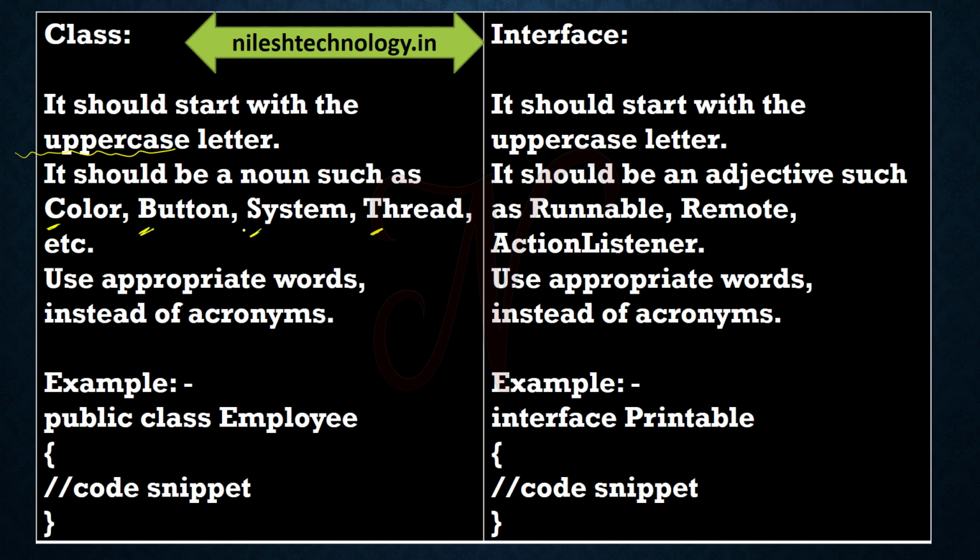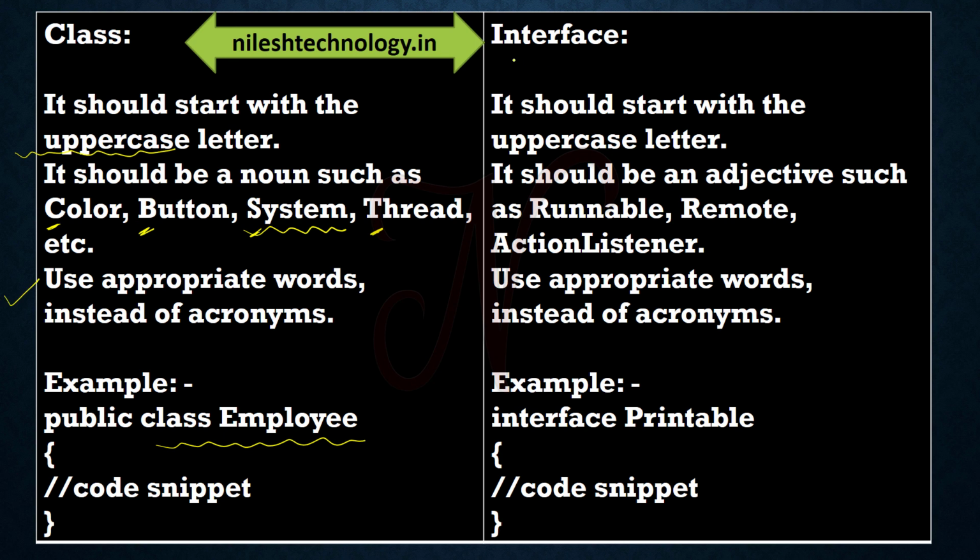You can also see System.out.println: S is capital because System is a predefined class in Java. So they follow some naming convention. If you create your own class, you can also follow these rules. For example, my class name is Employee, E is capital. Use appropriate words instead of acronyms.